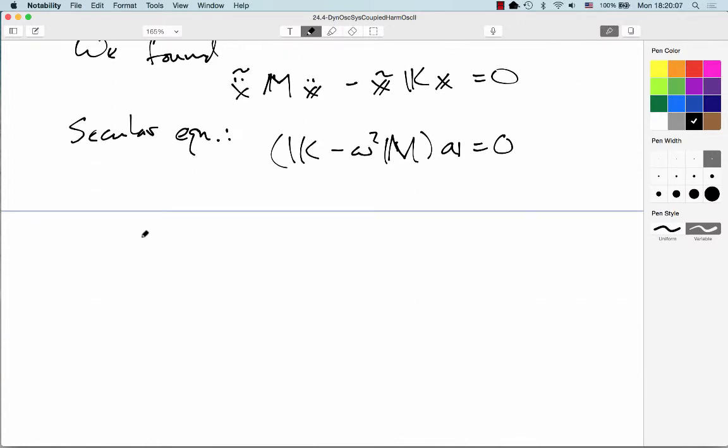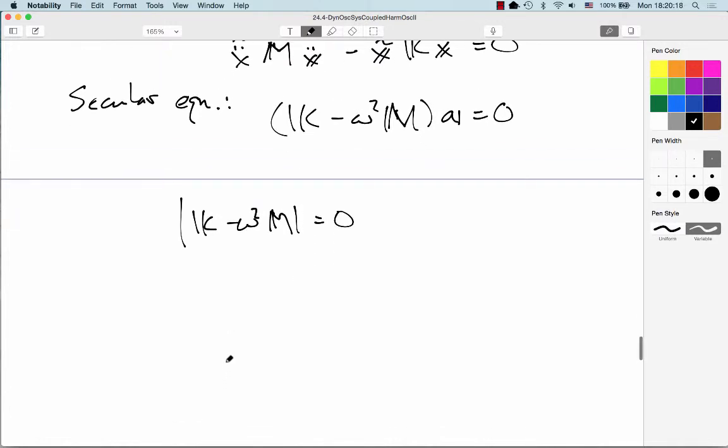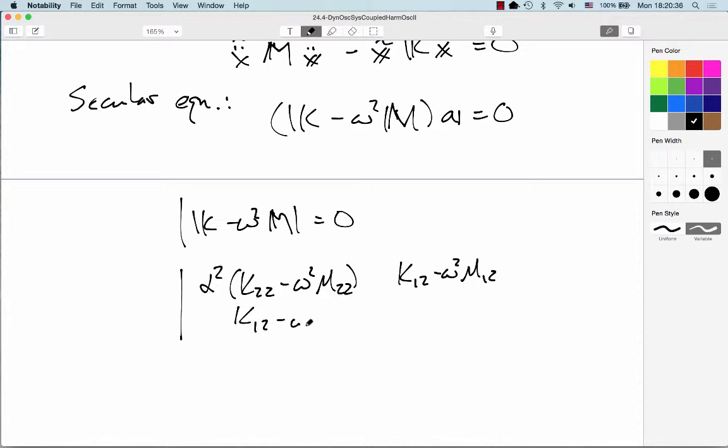So again, we demand that the determinant of k minus omega squared m equals 0, right? So let's see what we get from that. That's going to be the determinant of alpha squared k22 minus omega squared m22, k12 minus omega squared m12, k12 minus omega squared m12, k22 minus omega squared m22. And we need that to be 0.